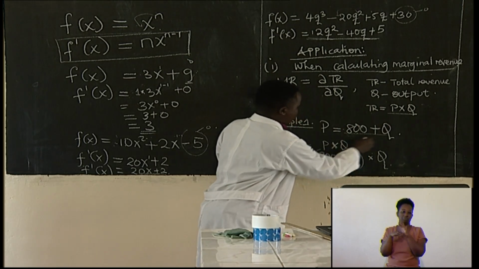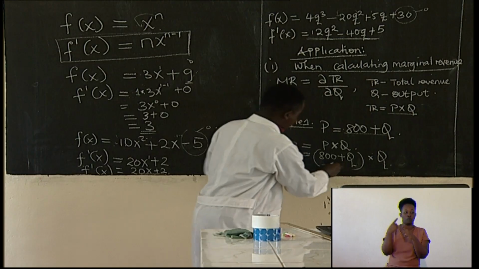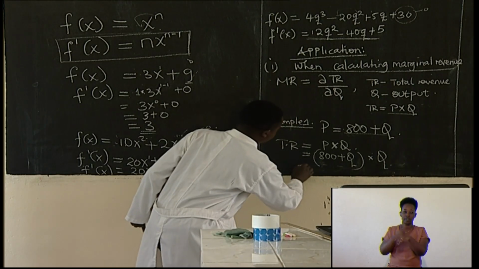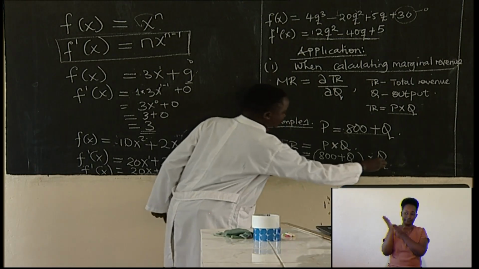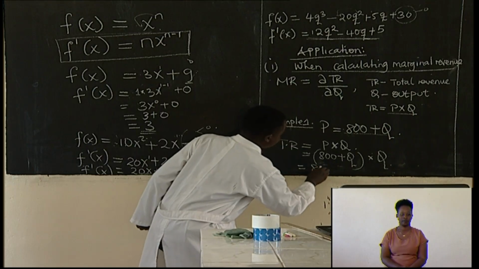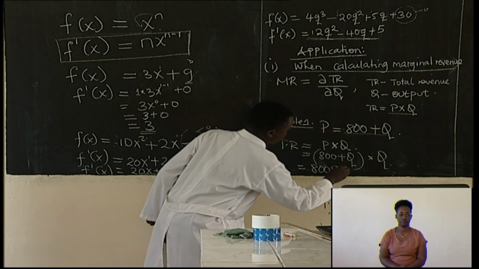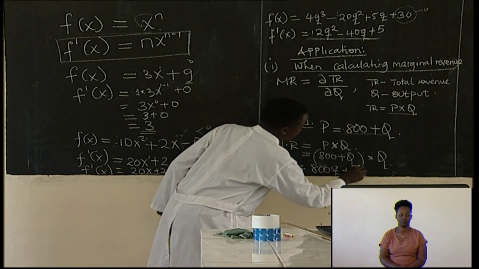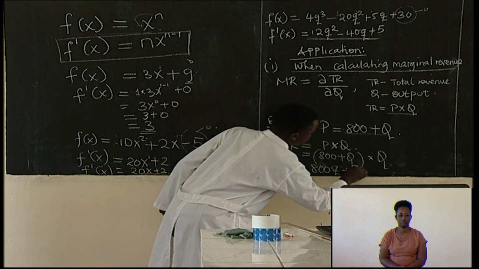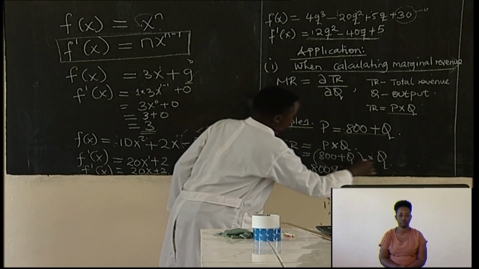When you multiply this, we shall get Q times 800, that is 800Q, then plus Q times Q, you get Q squared.